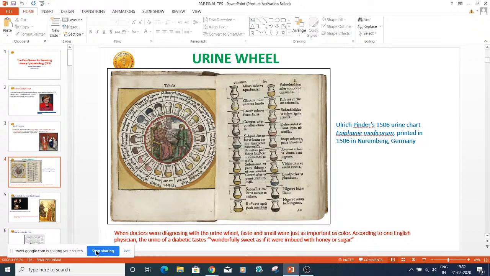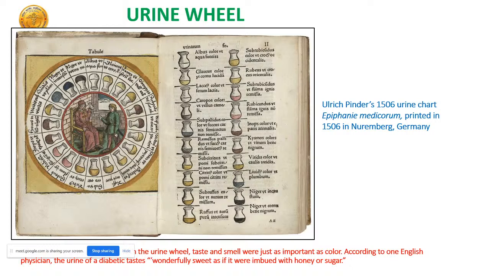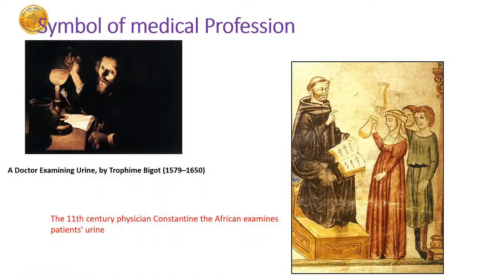Next slide, sir. So this is Ulrich Pinder's urine chart. There was something called the urine wheel, which had more than 20 odd colors of urine, with which they used to decipher the disease, and they would say the urine was ruby red, with diseases associated with those conditions. Just an interesting anecdote here.